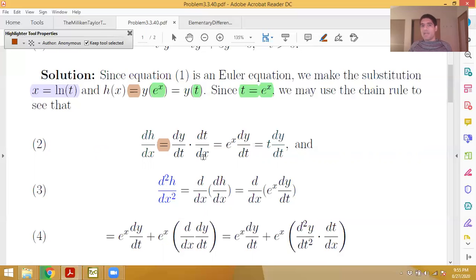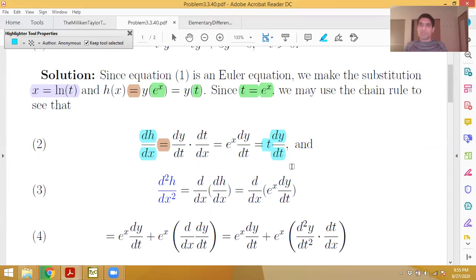And then dt dx, that just happens to be e to the x, because if we go back up here, we see that t equals e to the x. So take the x derivative, it's still e to the x. And then once again, e to the x is t. So that's how I finish the first equation and conclude that the relationship is dh dx equals t times dy dt.